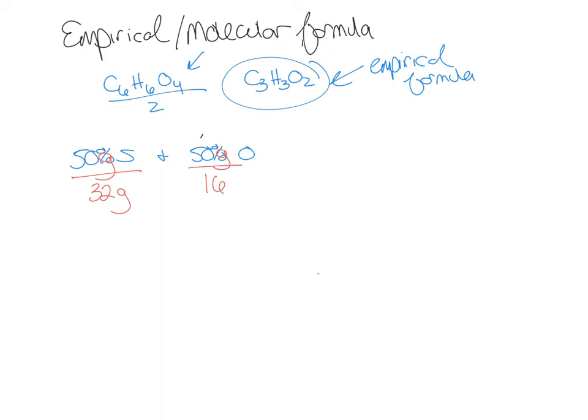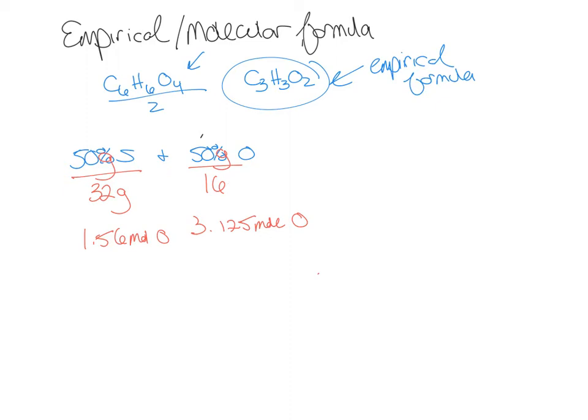So the number of moles of sulfur I have is 50 divided by 16, which is 3.125 moles of oxygen, and I have 50 divided by 32, 1.56 moles of sulfur, okay?